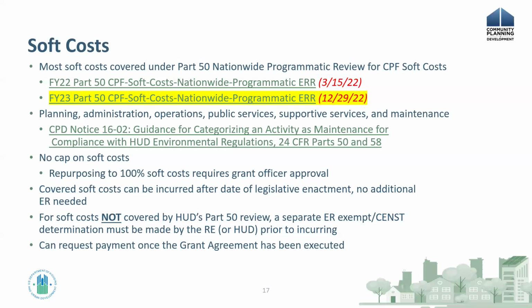It's essentially just a determination that it's exempt or not subject to. Those two are the ones that have some compliance with few laws and authorities, and it's that quick level of review, so it can be done very quickly. We can talk more about those soft costs that are not covered on the next slide.